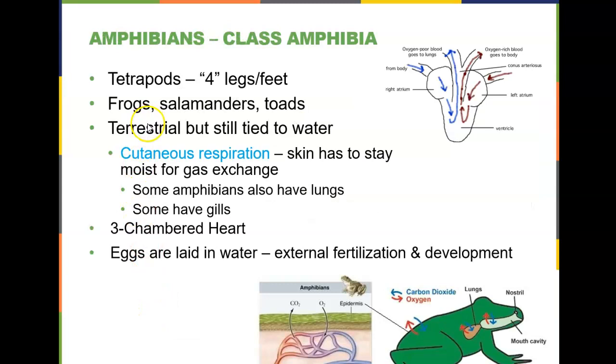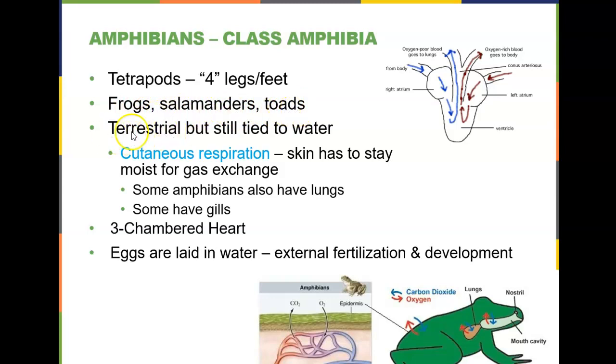So as we move into our next group, which are the amphibians, class Amphibia, we see that amphibians have moved onto land. They are tetrapods, 4 legs or feet, and they include examples like the frogs, the salamanders, and the toads. Those are some of the most recognizable examples.